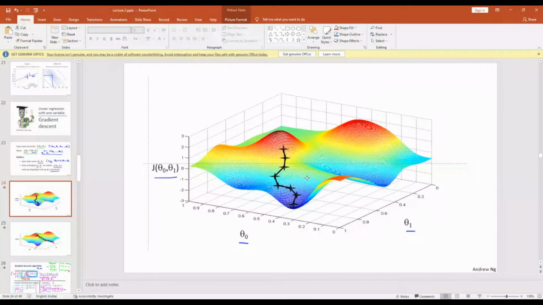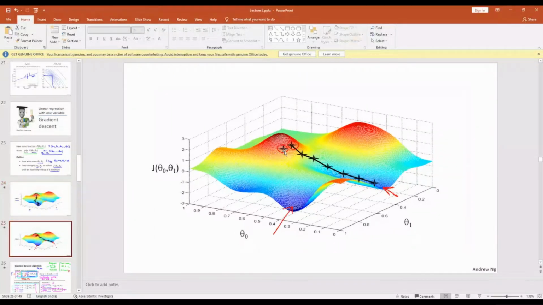Okay, so now suppose I had initialized at this point, right? I hope you can see the highlighted part. I had done it at this point. Now instead, at a point a bit right of that point, I have declared my theta 0 and theta 1, such that my cost function is on this side. And what will happen, I will take this path. So you can see there are two minimums in our graph. One is also a minimum, but it is not a global minimum, right? Meaning it is not the minimum value of the whole graph. But what will happen is that we will slowly, gradually move in that way and we may fall into this local minimum.